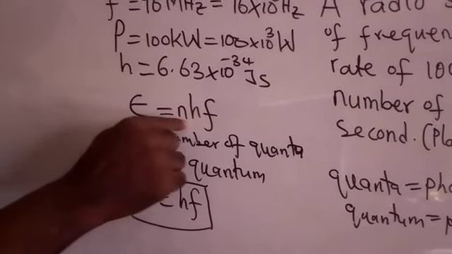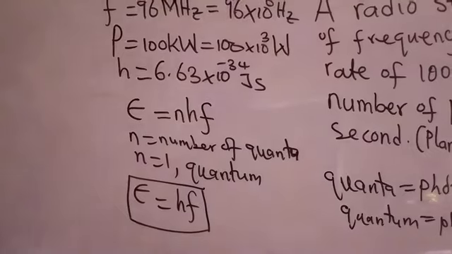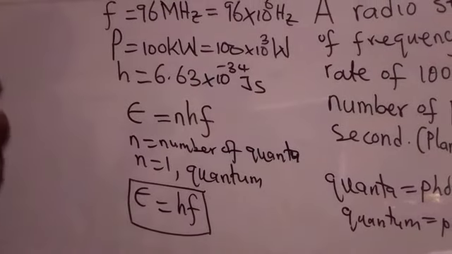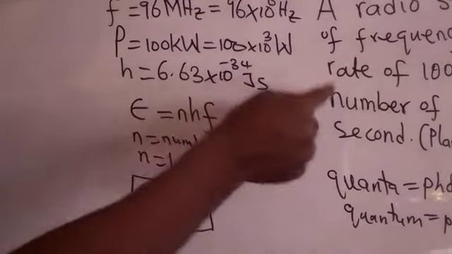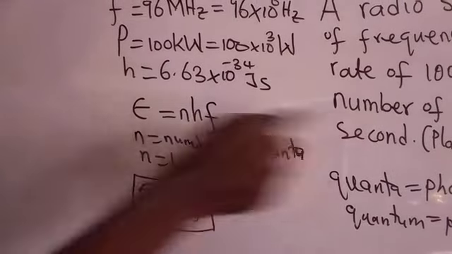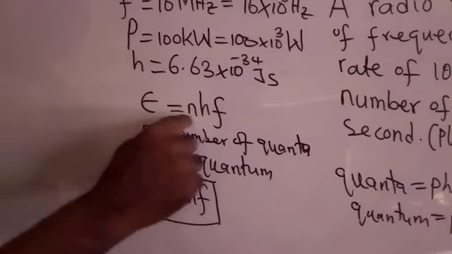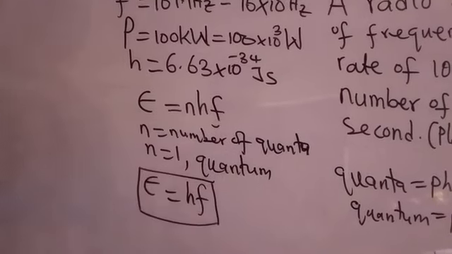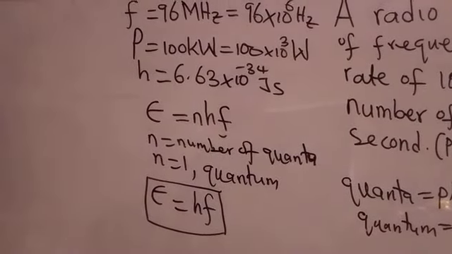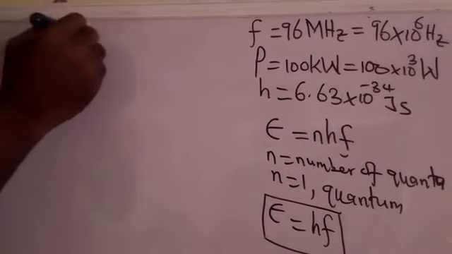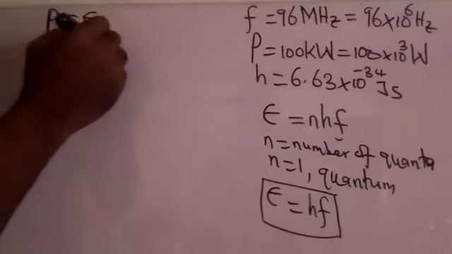This n is the number of photons we're asked to find. But there's a little twist. We're asked to find the number of photons emitted per second, not just the number of photons. So that means the whole of this formula over time. Now, do you remember that power is equal to energy over time, right?